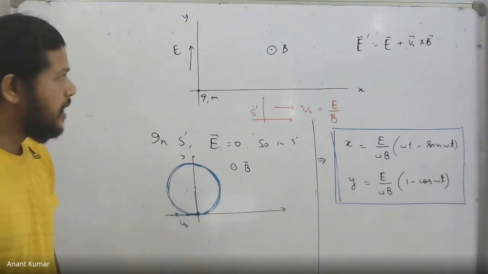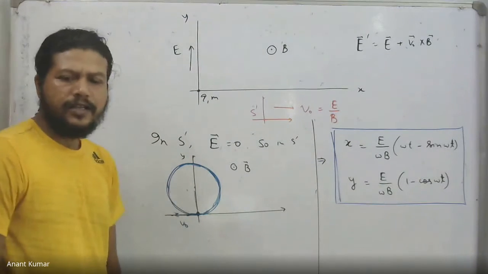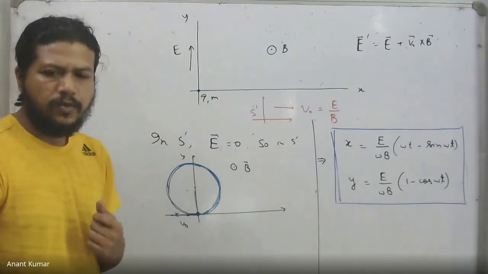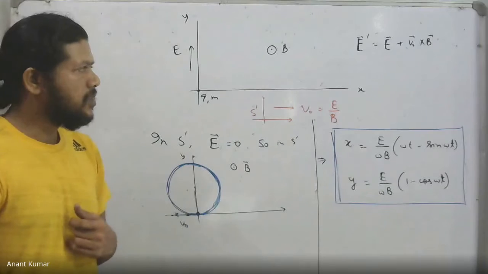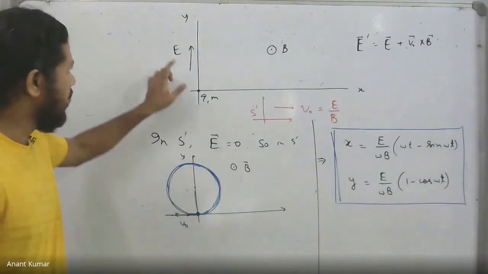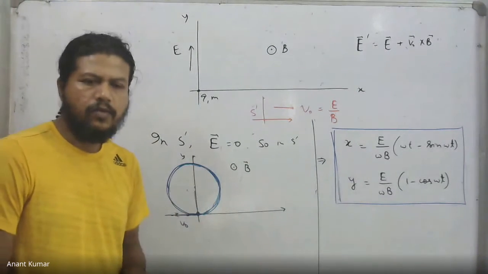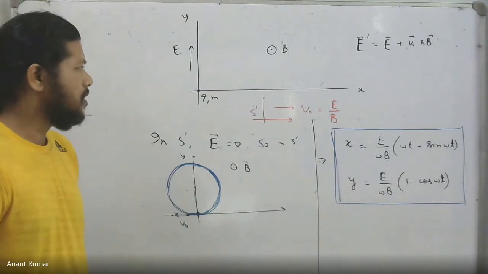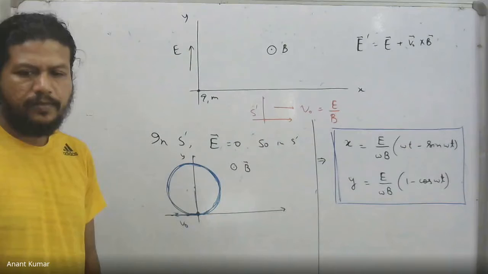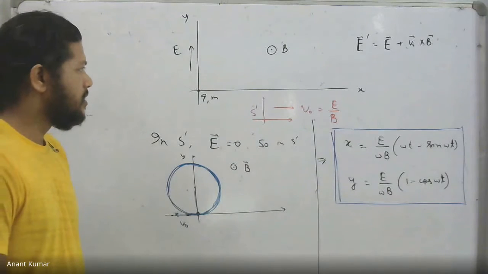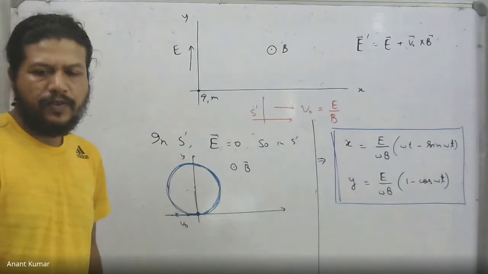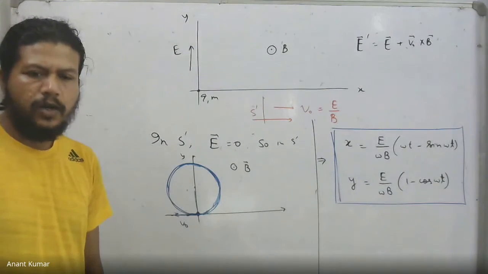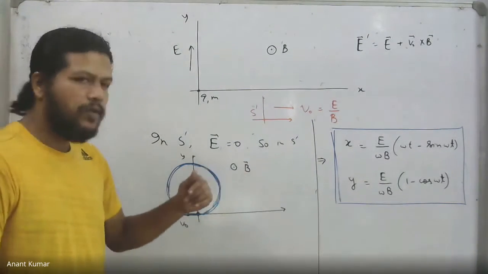It is the original electric field in that reference frame plus an additional quantity which is V naught cross B. So I'm going to choose V naught cross B in such a way that it turns out opposite to the electric field and exactly equal to it. Once I choose V naught to be E by B, in this new reference frame the electric field simply vanishes. There is no electric field, only a magnetic field which is pointing in the outward direction.